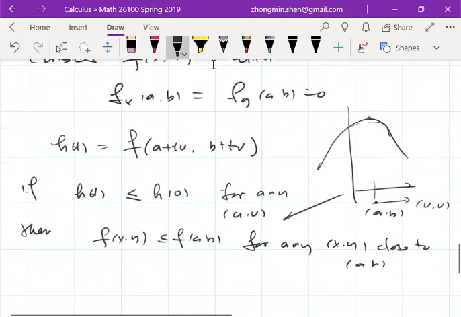So that's the idea. If you restrict to any straight line nearby passing through that point, the value of the function in one variable t, if it has a local maximum value at t equals 0, that means the function has a local maximum value at that point.